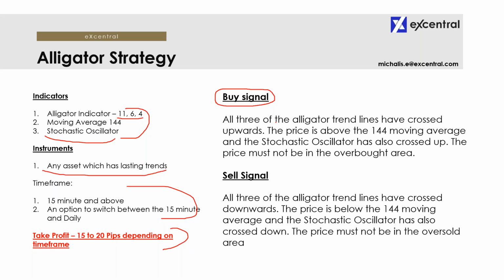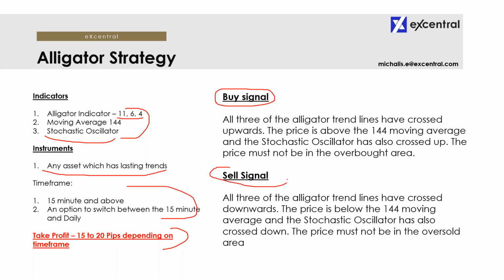The price is above the 144-day moving average. The stochastic oscillator has also crossed up. The price must not be in an overbought area. It must not be at a resistance area, and it must not be giving you an indication on price action that we're going to see the opposite type of movement. So this is what we need to see in terms of buy signals.